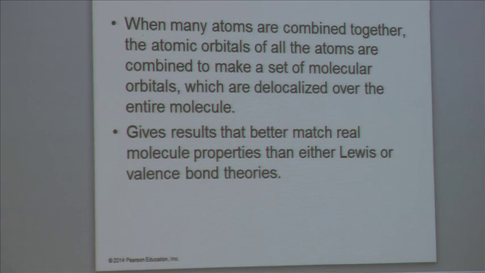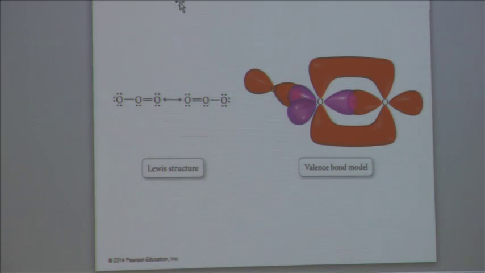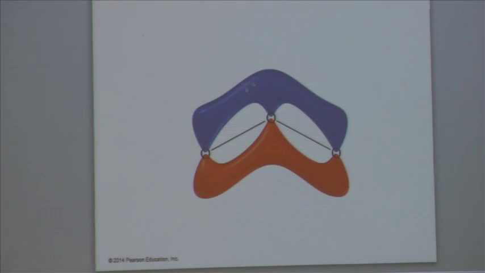So when we have a polyatomic molecule like ozone, O3, we can initially start out writing the Lewis structure and then come up with a molecular orbital picture that looks like this for the ozone O3 geometry.